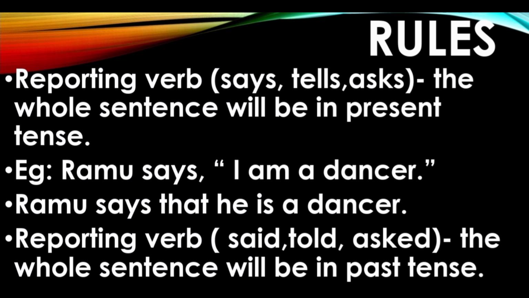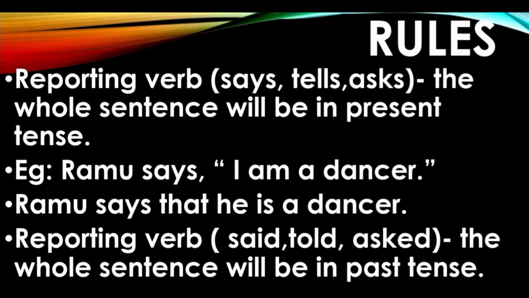Likewise, if the reporting verb is in past tense, that is said, told, asked, etc., the whole sentence will be in past tense. The reporting verb, for example said, told, asked, is usually in the past tense. So the tenses normally change in the following ways.